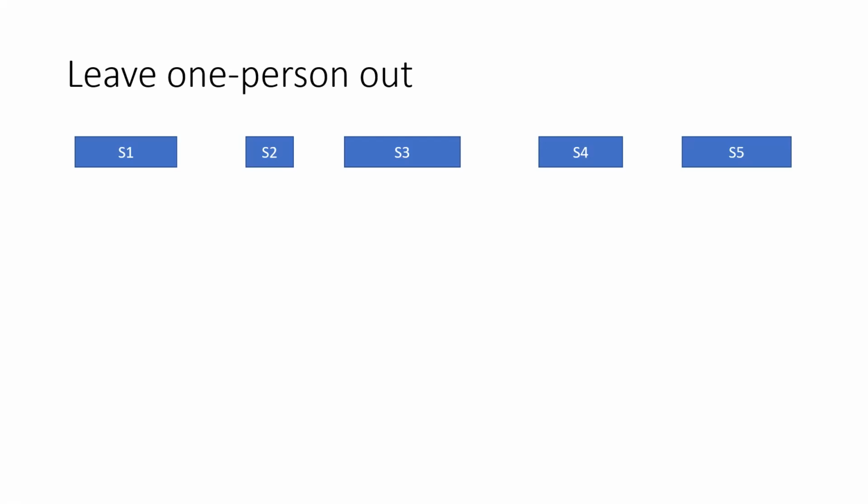In all these applications, you would collect data from different individuals. In this example, let's say we have data from five subjects or participants. As you can see, the size of each of these boxes is different, which means that you may end up collecting a different amount of data from different people.